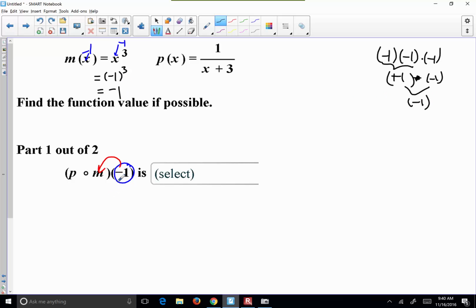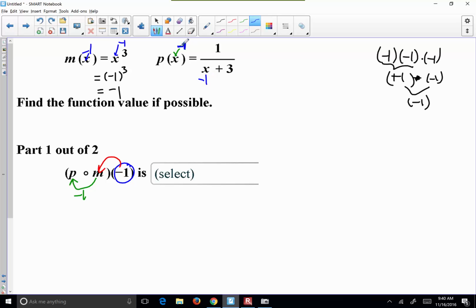Oh, how great is that? -1 entered into the machine and comes out as -1. It looks like the machine did nothing to it. That's fine. I don't care. Whatever you got from M, we send it into the next machine. What is the next machine? P machine. So supply the answer, which is -1, into P machine now.